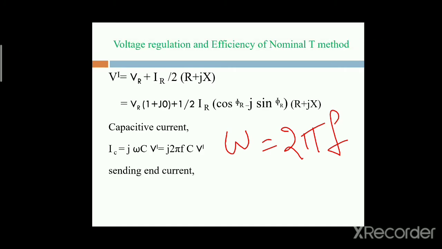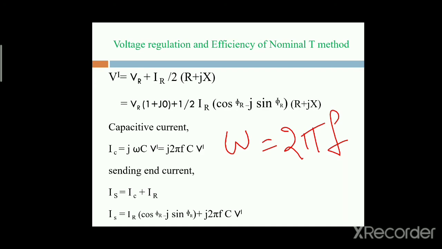Then the sending end current IS: by using the phasor diagram and the equivalent circuit diagram, we write down the sending end current. IS is equal to IC plus IR, where IC is the charging current, or current flowing through the capacitance, and IR is the receiving end current.